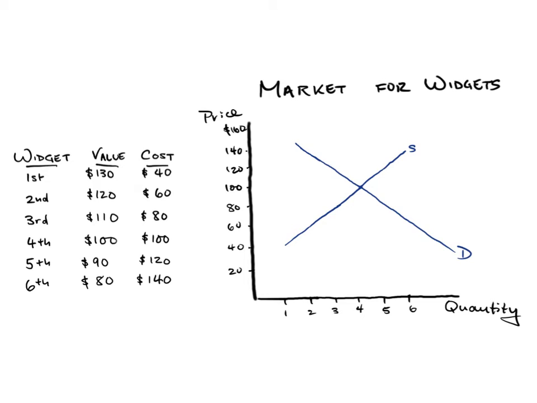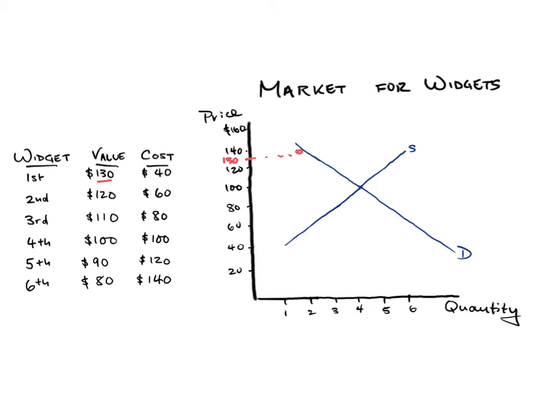And given these people with these preferences, we can graph demand at a price of $130. At a price of $130 right here, there is one person who'd be willing to purchase a widget. So that's this point right here.